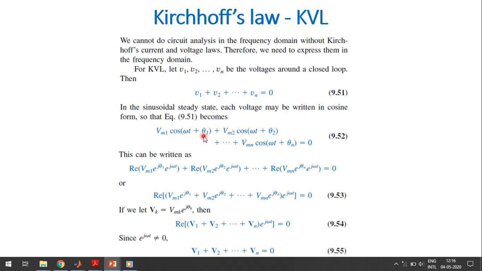So this can be written in the exponential form as the real part of Vm1 e power j theta 1 into e power j omega t.